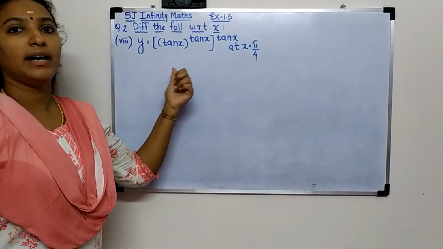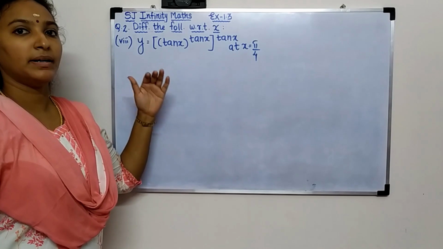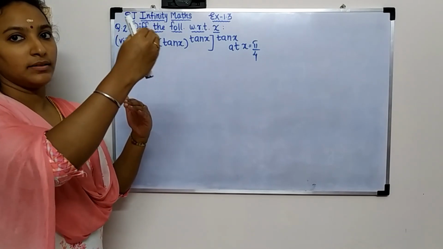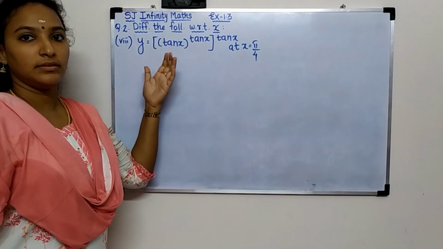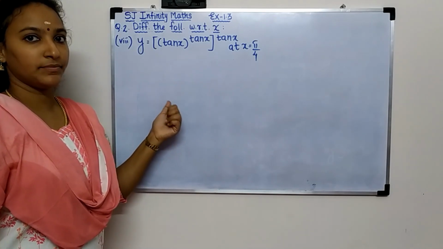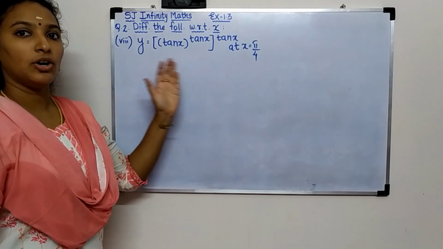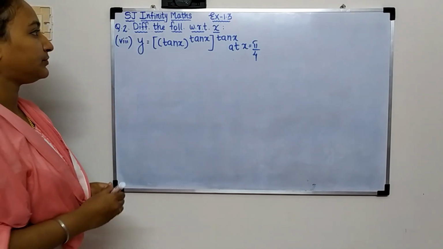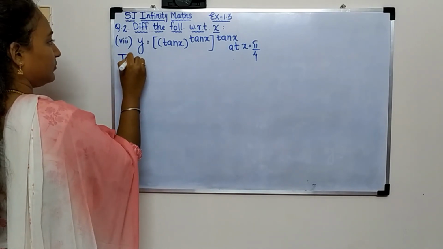Here we don't have multiple functions. A single function is given, but it is a power function. So we can find the derivative directly by taking log on both sides. So let us take log on both sides.